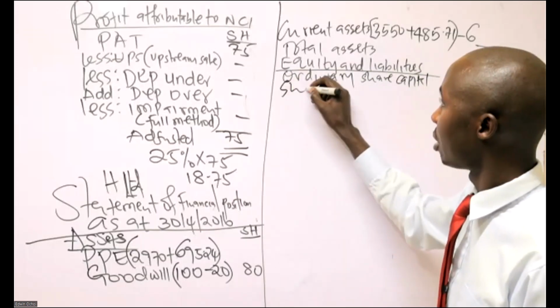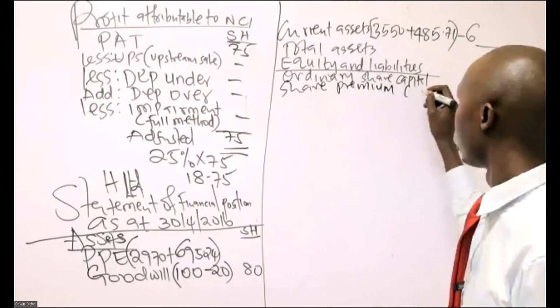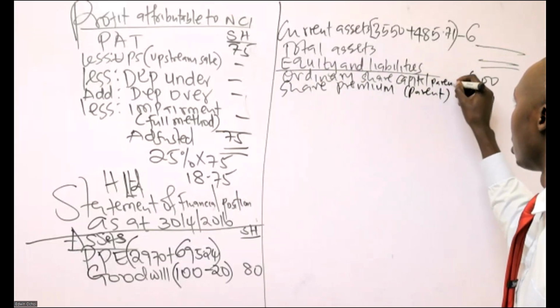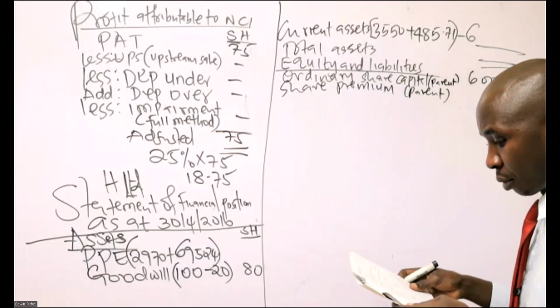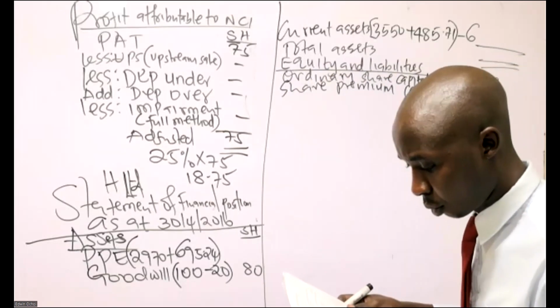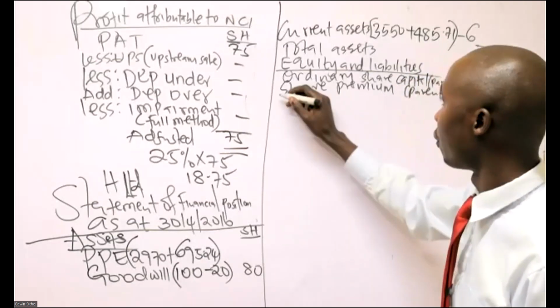Share premium, parent, 500. Then we have the aspect of retained profit.